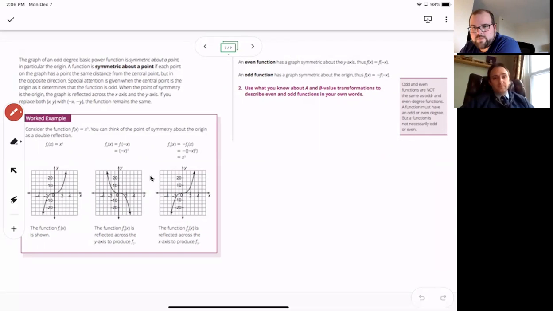So thinking again about Shedrick's example where we had (2, 8) and (-2, -8), let's see if this actually works. If I connect these 2 points, we can see it has to go directly through that origin.